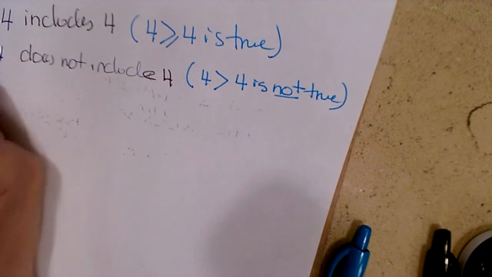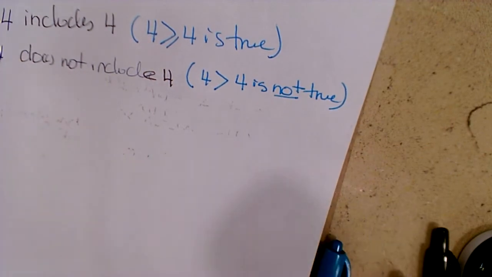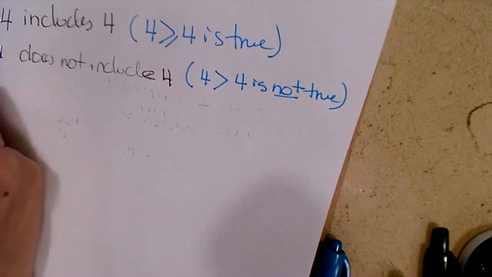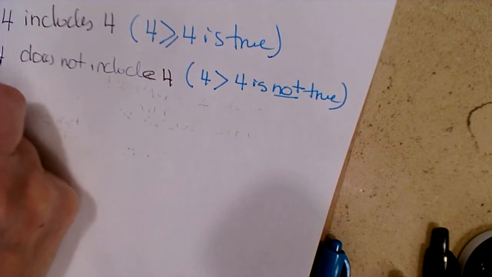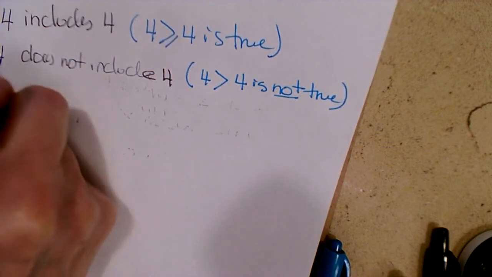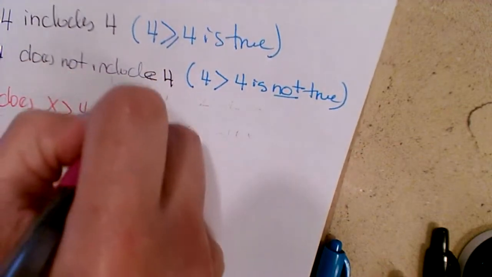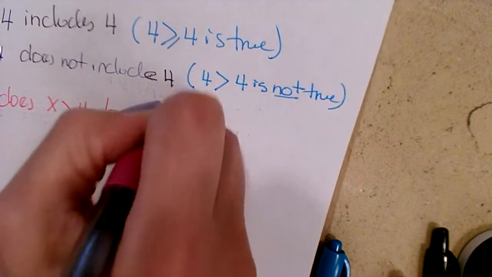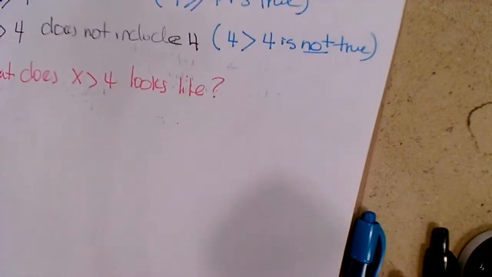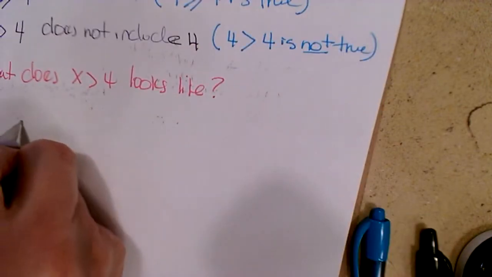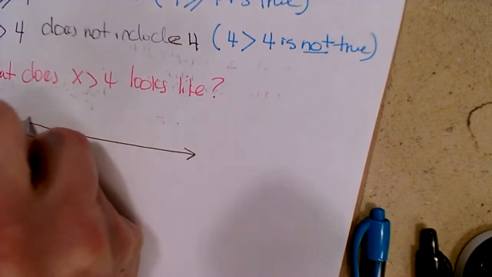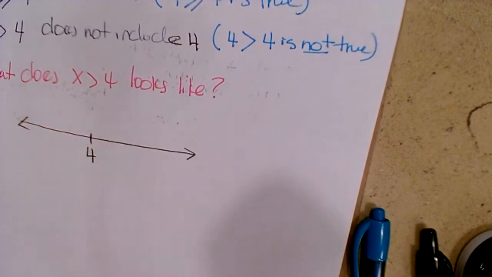So let's do this. What does x greater than 4 look like? So here's the number line, and here's the number 4.